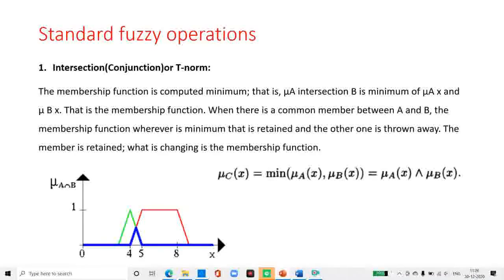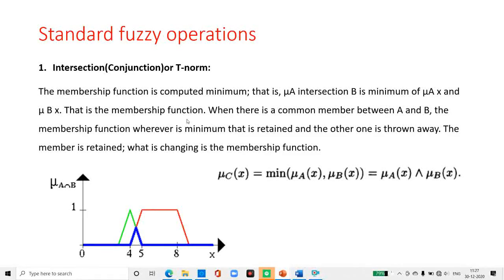So first is the intersection, that is conjunction or T-norm. We can easily see that the membership function is computed as the minimum, that is, mu of A intersection B of x is the minimum of mu of A of x and mu of B of x.